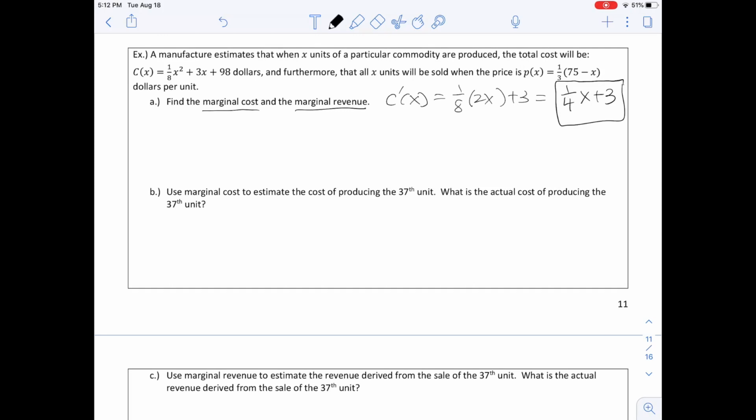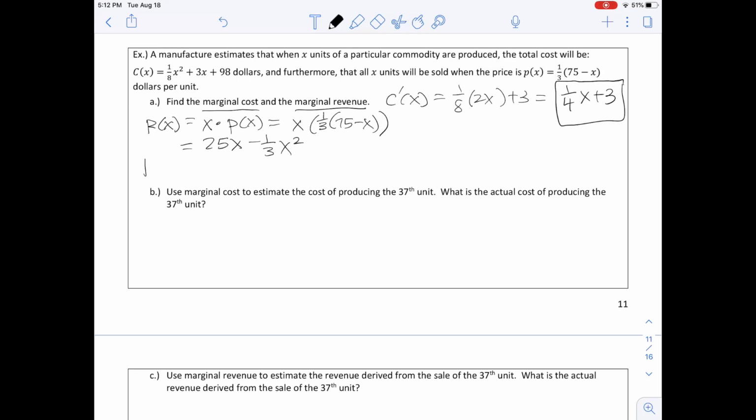And we also need to find our marginal revenue. And if you look, we do not have a revenue function. So in order to come up with our revenue function, we need to multiply X, the number of units, times that price. And so we have X times our price at which they will be sold, which is going to be 1/3 times 75 minus X. Distributing this through, we will have 25X minus 1/3 X squared.